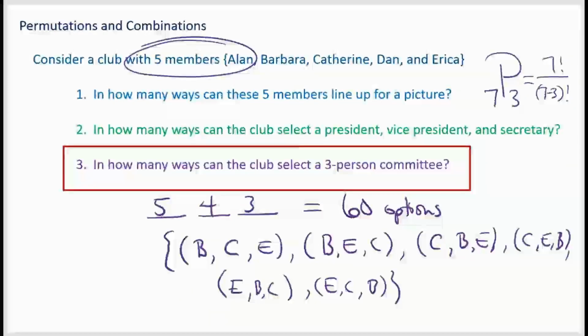Really what's going on here, in terms of permutation, is a permutation of 3 choose 3, and that does equal 6. So what we need to do is get rid of those 6, and that calculation is just 3 factorial.